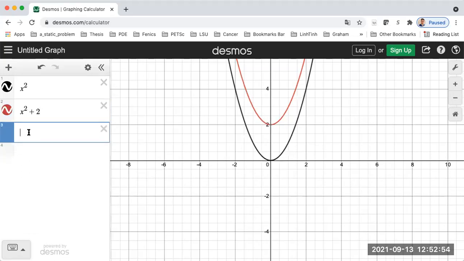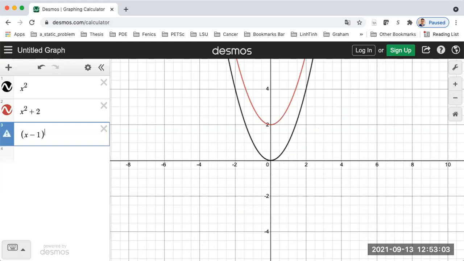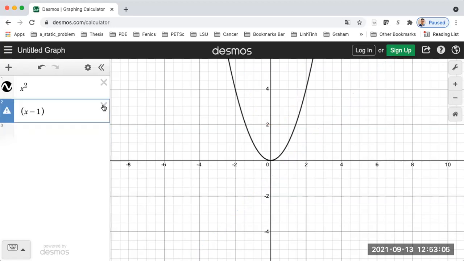How about (x minus 1) squared? Yes, it moved to the right 1 unit, right? These are very interesting properties of the graph of functions. Play with that.